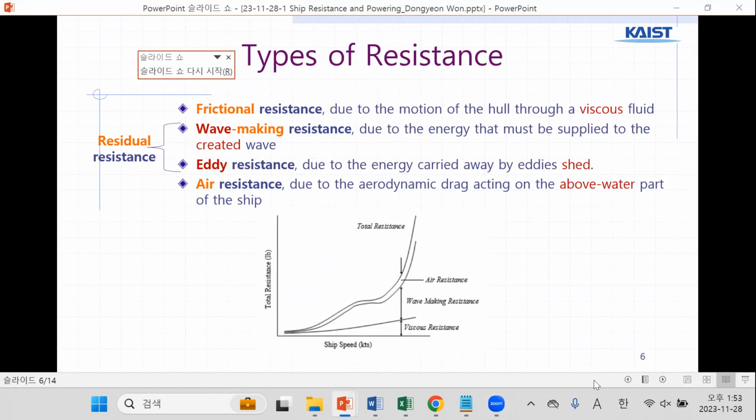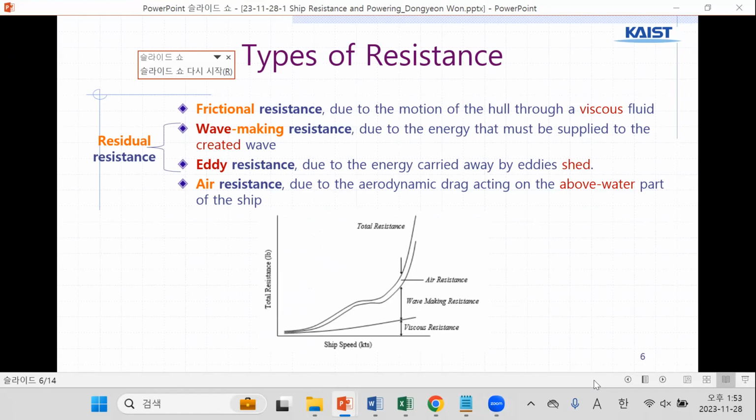Viscous, it is frictional. Then the other one is residual. They are saying the remaining one is residual resistance. So total resistance is made of frictional and residual and air resistance, which is a little bit different, but it can be separated out.